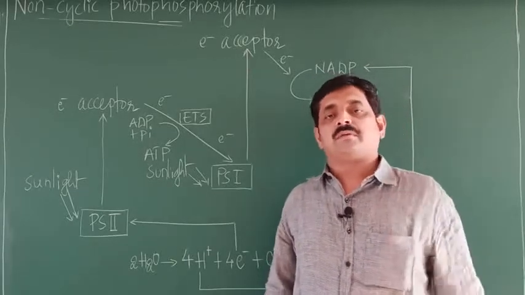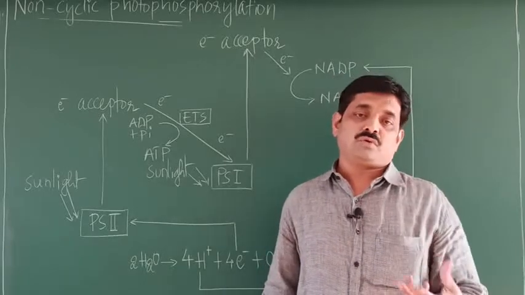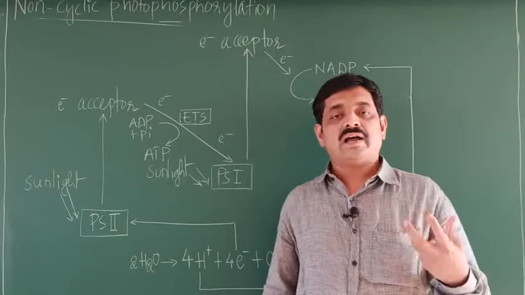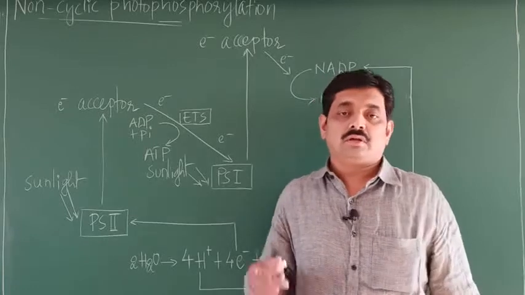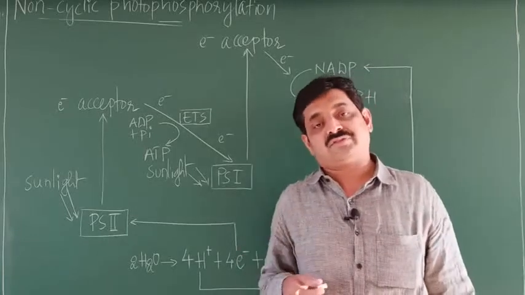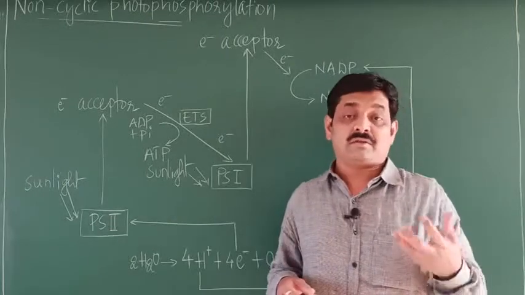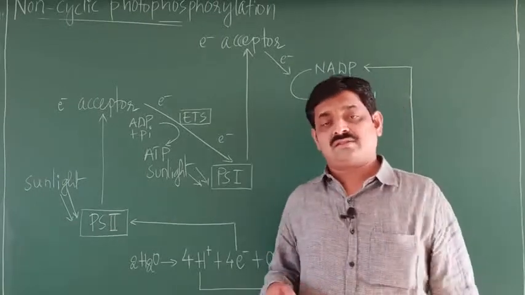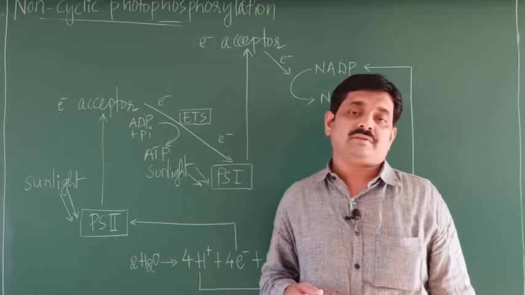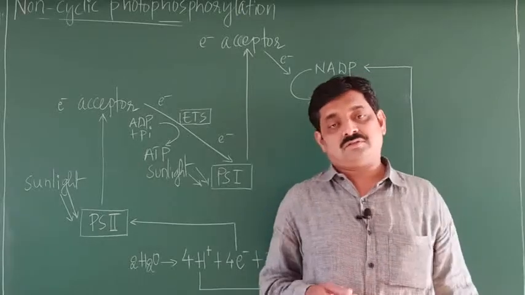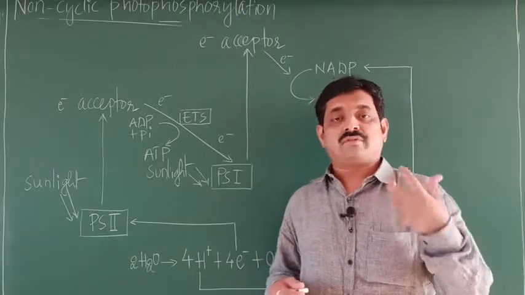Now, what is the main purpose of photophosphorylation? Why does photophosphorylation occur in plants? This reaction occurs in plants mainly to synthesize ATP, that is, synthesis of energy.